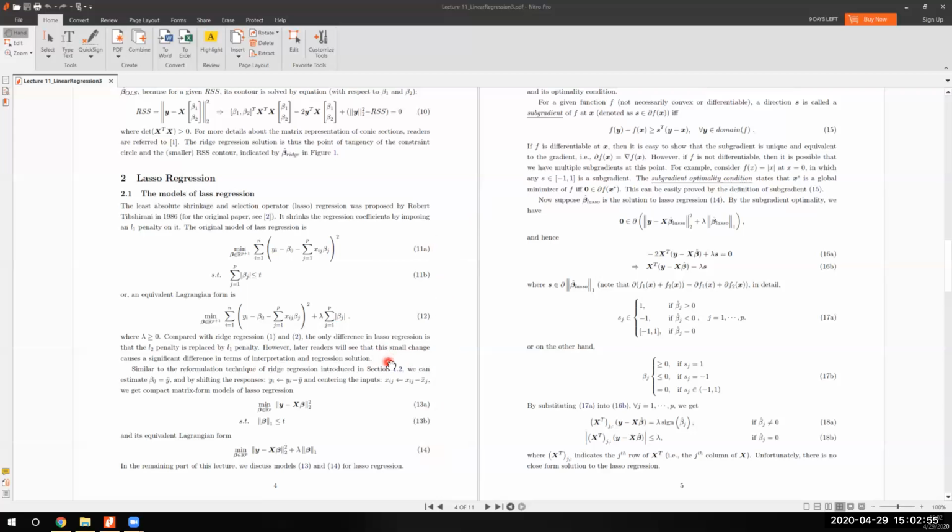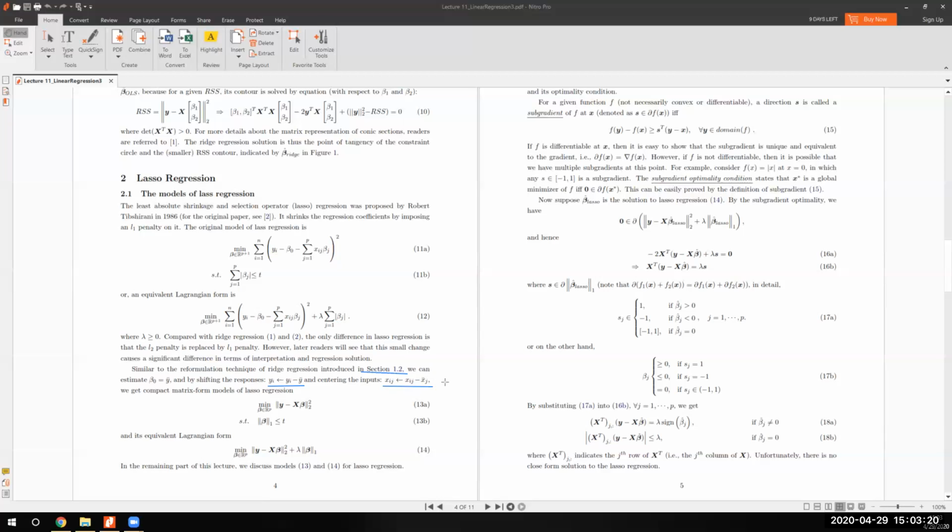The shifting process is exactly the same as what we mentioned in section 1.2. We center y by y_i equal to y_i minus y bar, and also center each x_ij by x_ij minus x_j bar, where x_j bar is the average of the jth column.